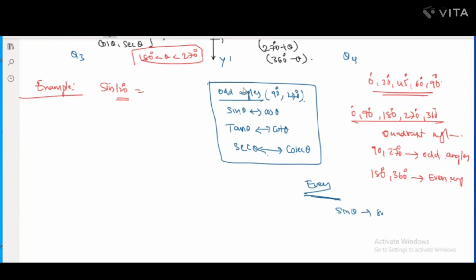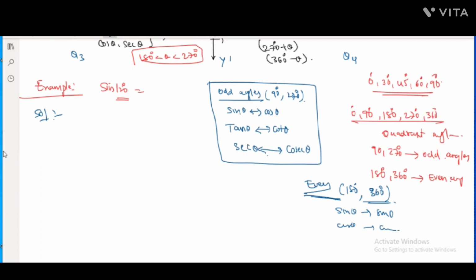Sin theta will be sin theta only, cos theta will be cos theta only, tan theta will be tan theta, like that. Here even angles means 180 plus or minus theta, or 360 plus or minus theta. So let's see sin 120 degrees. In most cases, we have to change the angle to the nearest even angle only.